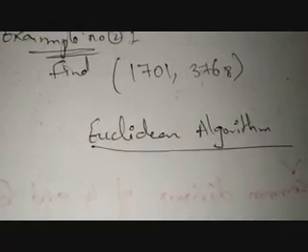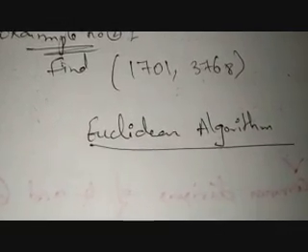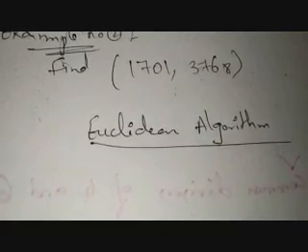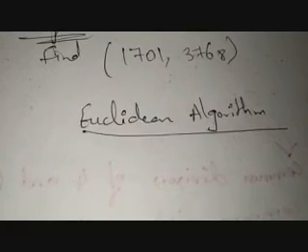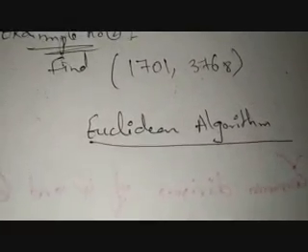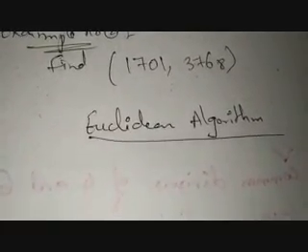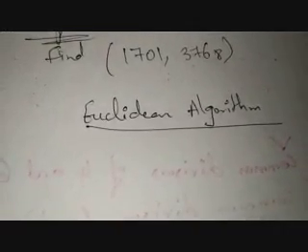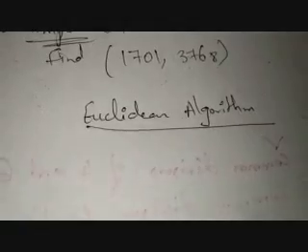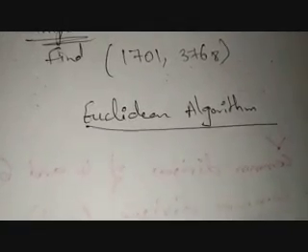The question will be something like this. It is very important and it is very easy, since you have done it in high school, and even if you turn and see your PUC textbooks, it is there. But the Euclidean algorithm, the theorem and the proof are also very important from the point of view of your exam.